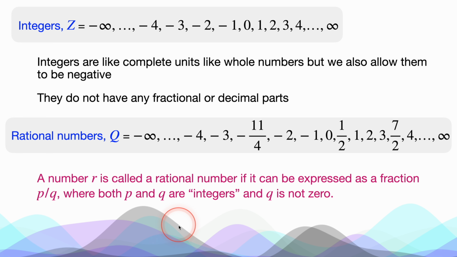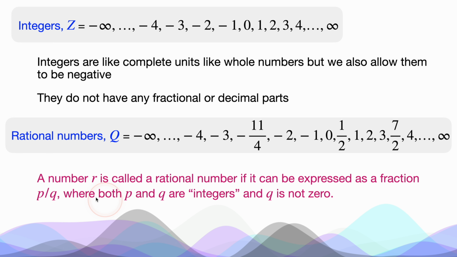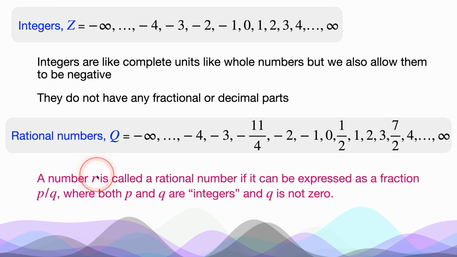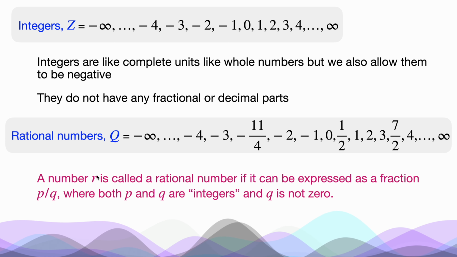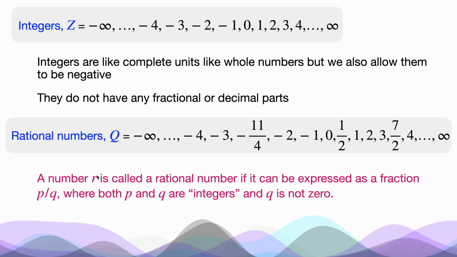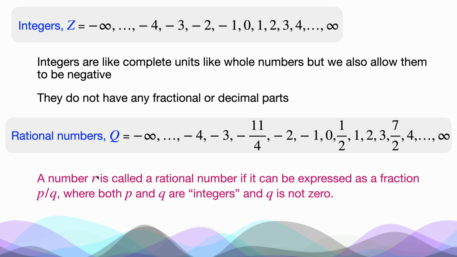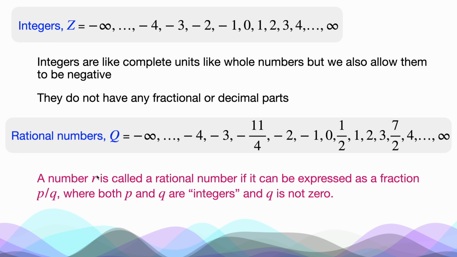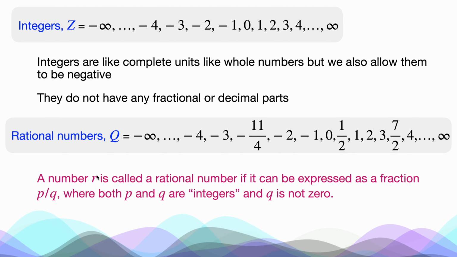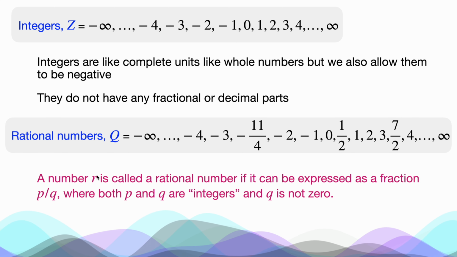A number r is called a rational number if it can be expressed as a fraction p by q, where both p and q are integers and q is not equal to 0.